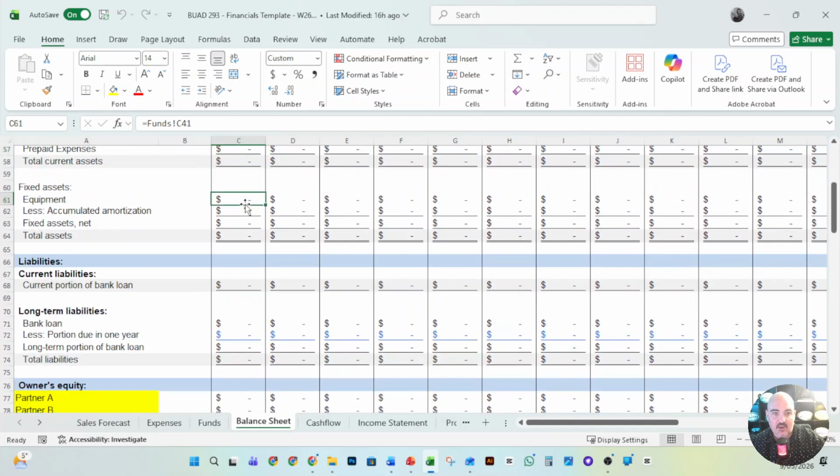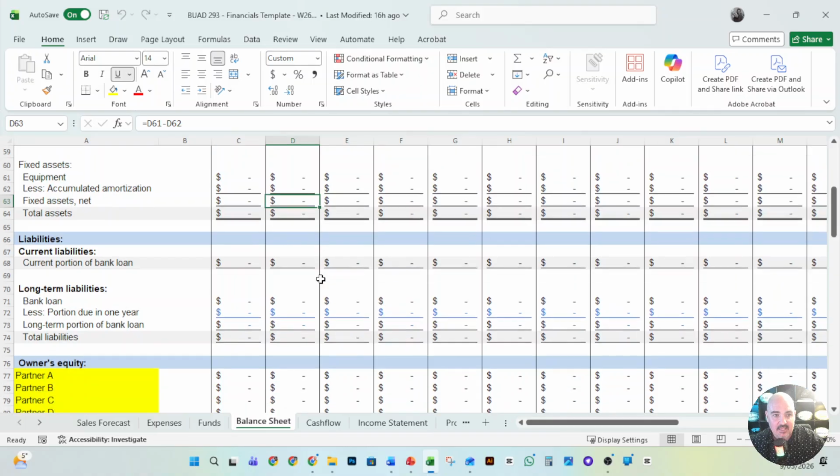Again, guys, things like equipment, we can bring that in from our funds, startup funds or startup budget document. I've assumed an amortization decrease of 1%. That might not be correct, but that's just an assumption that we're making at the moment. Again, we've got fixed assets and then our total assets.